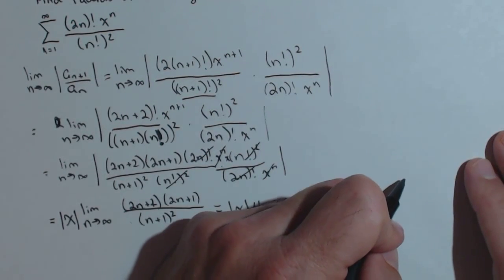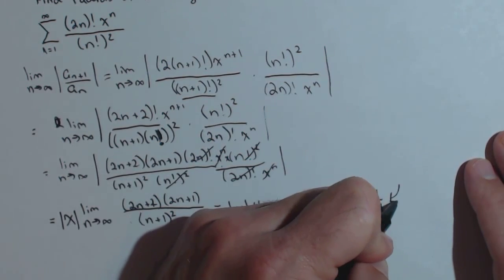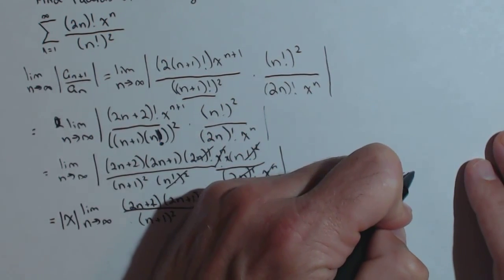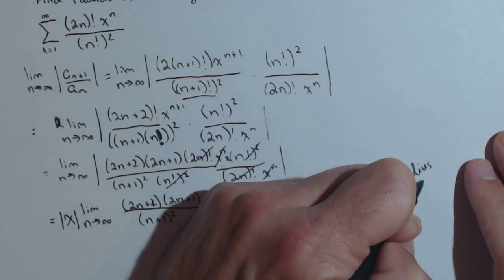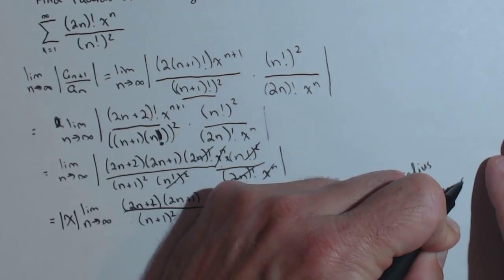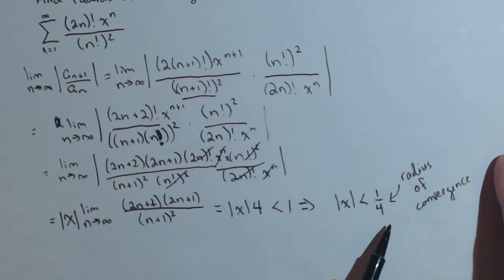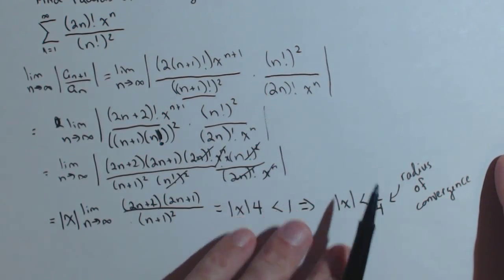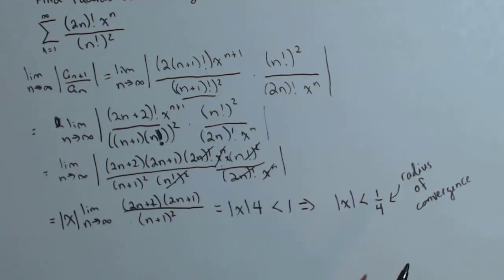So what we've got in this 1/4 is our radius of convergence. And that completes this problem.